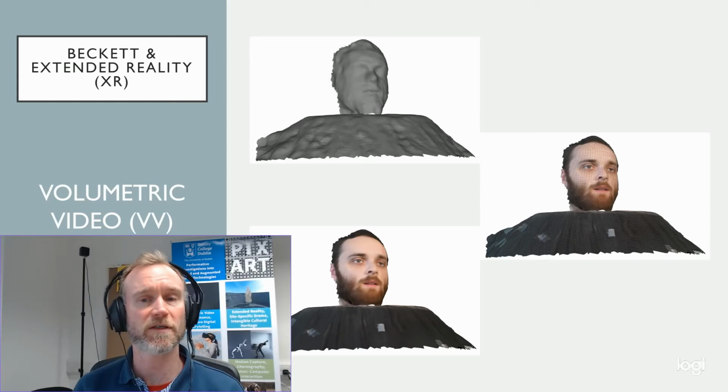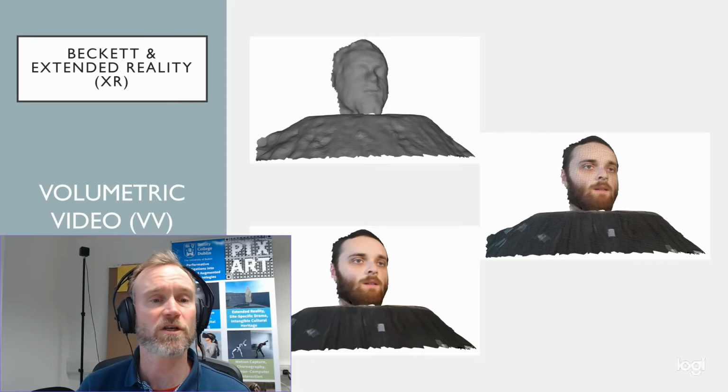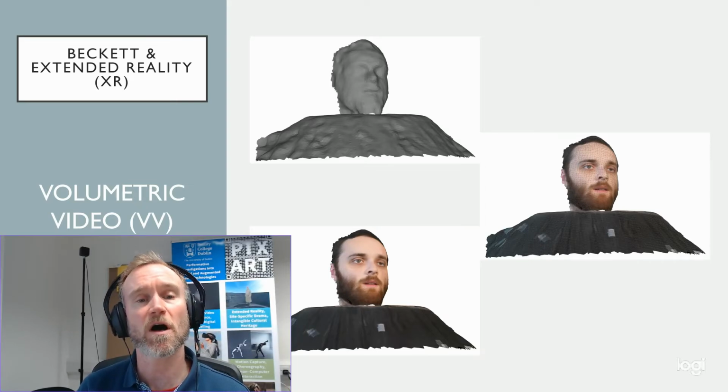The result of VV capture, or volumetric video, VV for short, is the creation of a 3D volumetric video object that offers similar functionality to animated graphical objects created natively in 3D drawing software. That is, when viewed in a virtual scene, the user is afforded free navigation and can choose their own point of view and proximity to the object.